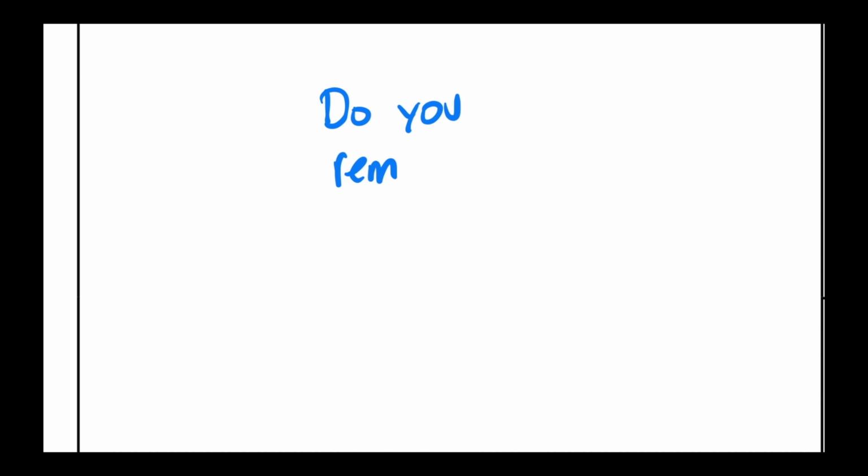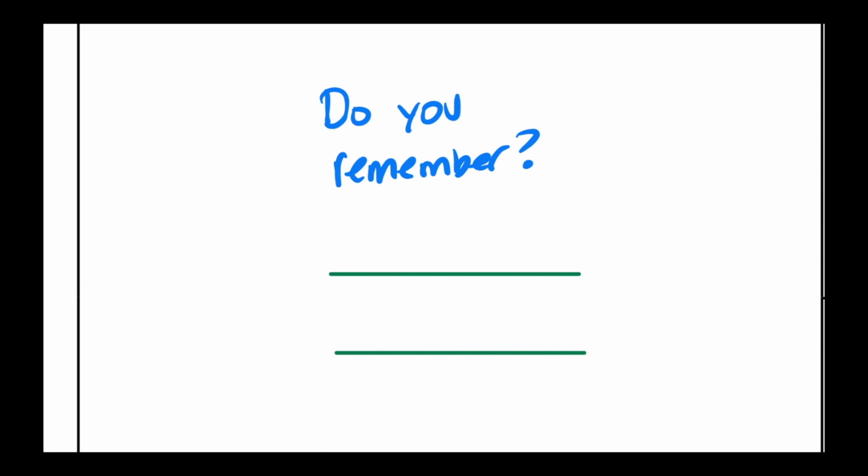Do you remember? Do I remember what, mister? Do you remember what that means, when I draw two lines like that and I put arrows like that? Yes, these are parallel lines.